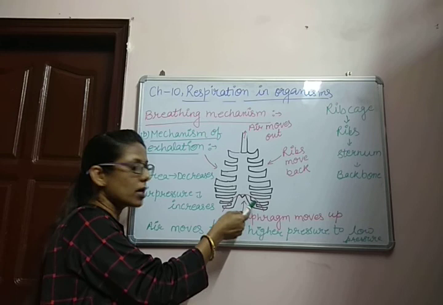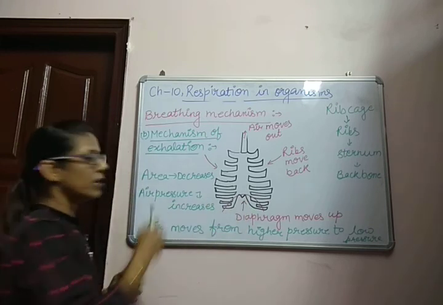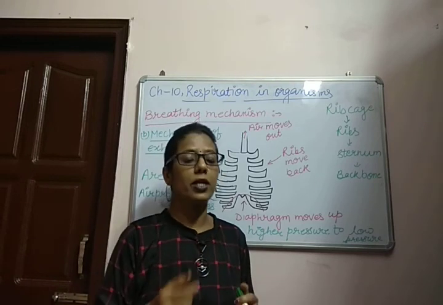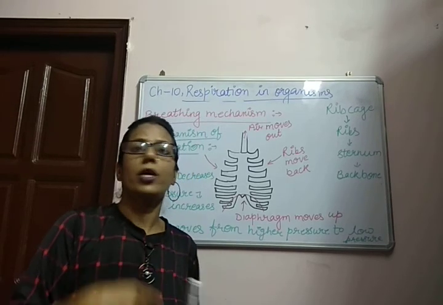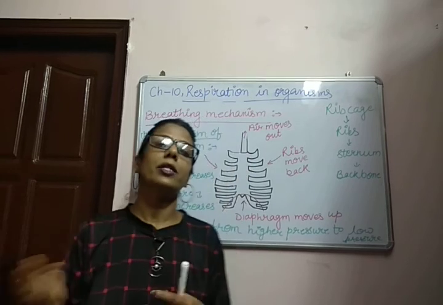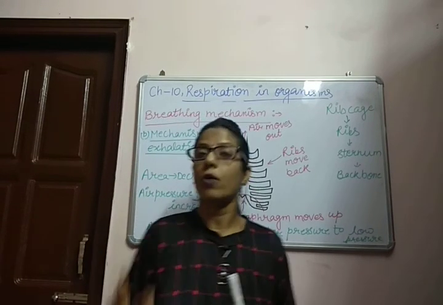The diaphragm moves up, back to its normal position, so that the area inside the chest cavity decreases, and due to the decrease in area the air pressure increases. Now inside our body the air pressure is high as compared to the outer environment. That's why we release carbon dioxide rich air from our body to the outer environment.